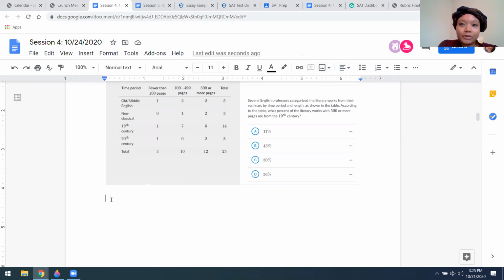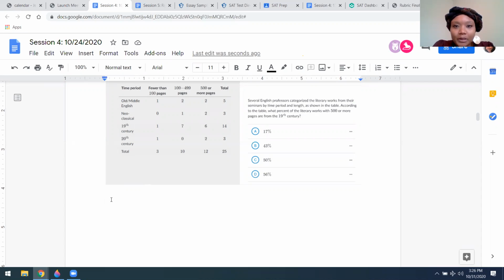If you notice, it's asking us, let's just pay attention to the sentence that has the question in it, which is the last sentence. It says, according to the table, what percent of the literary works with 500 or more pages are from the 19th century? So hopefully you realize, and if you don't, it's okay, but what it's asking you to do is to set up a ratio, which is what we've been covering so far today.